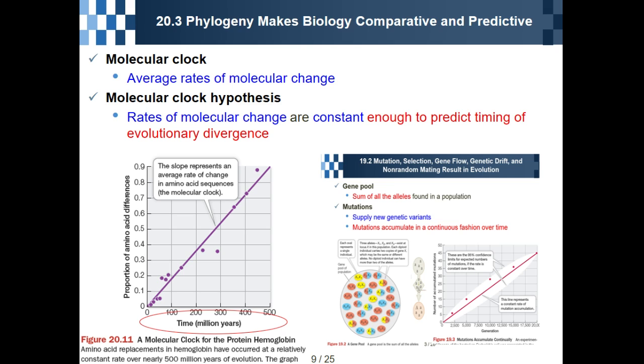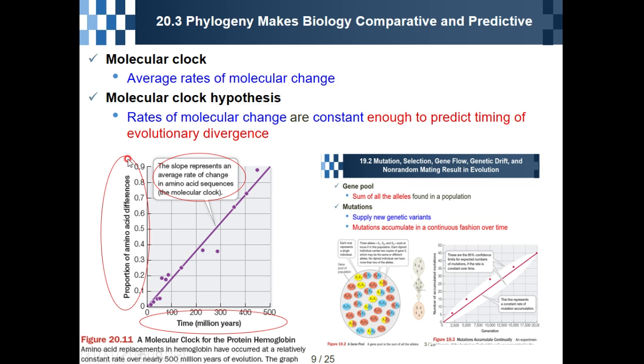X-axis is composed of the year, and Y-axis is the proportion of amino acid difference. So we have this kind of slope. Okay, slope means in Korean 기울기. The slope represents an average rate of changes in amino acid sequence.